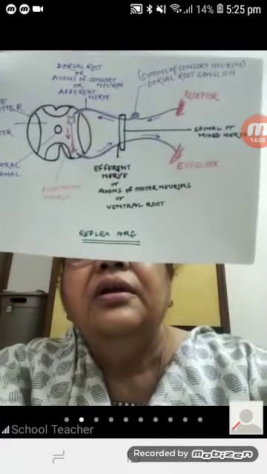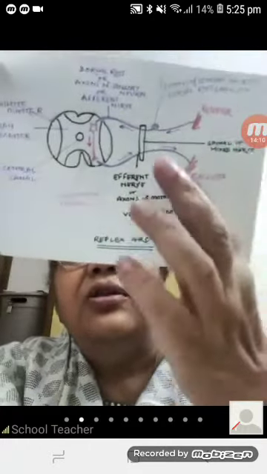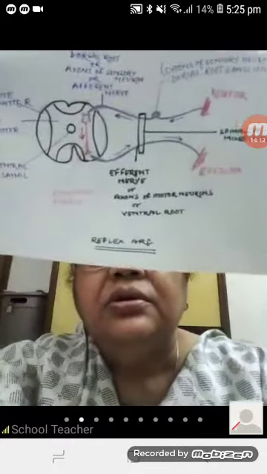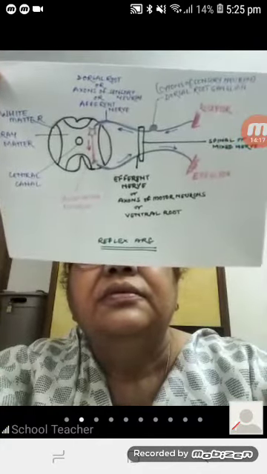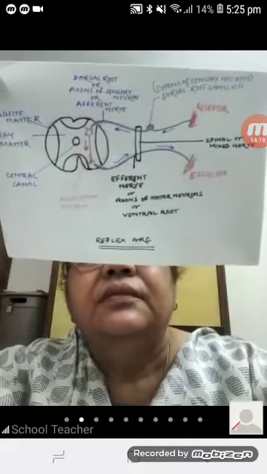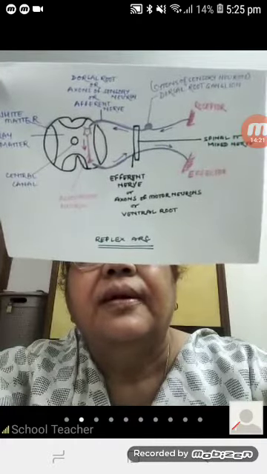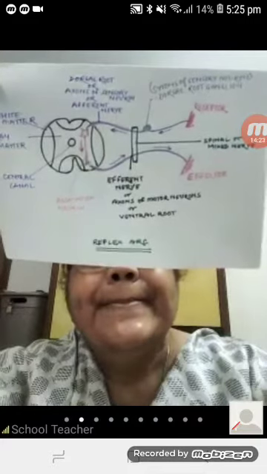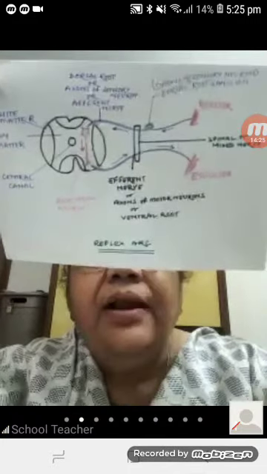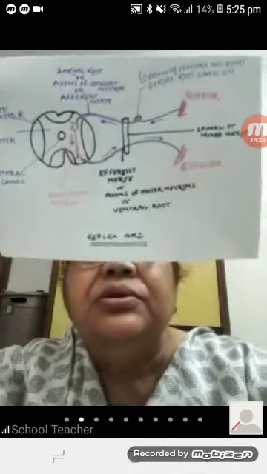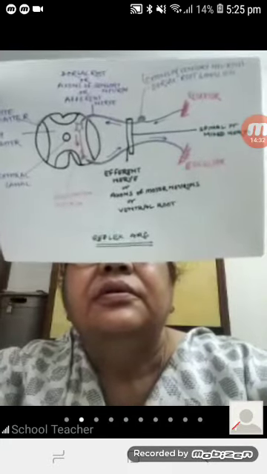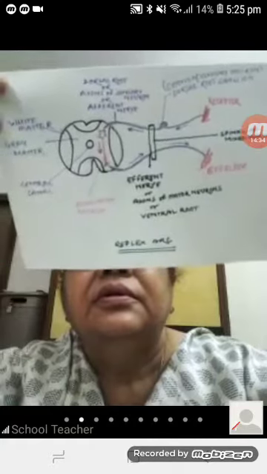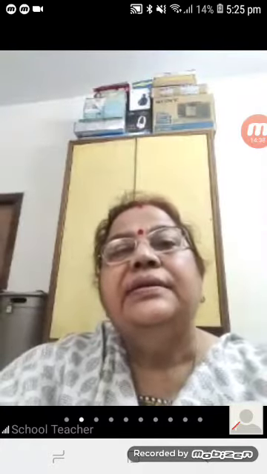dorsal root ganglion. Why is ganglion not present in the ventral root? Give me the answer first.